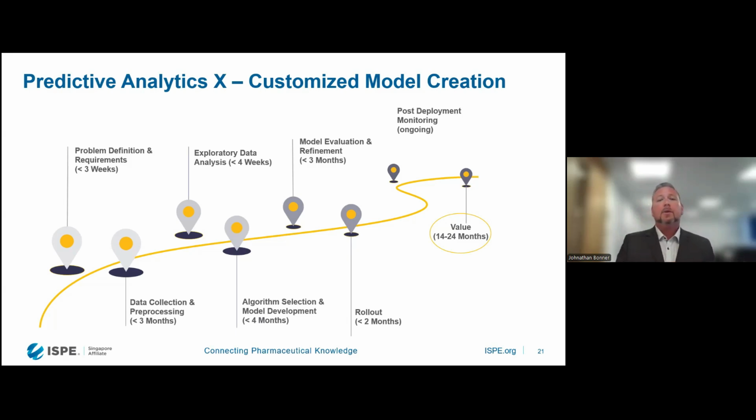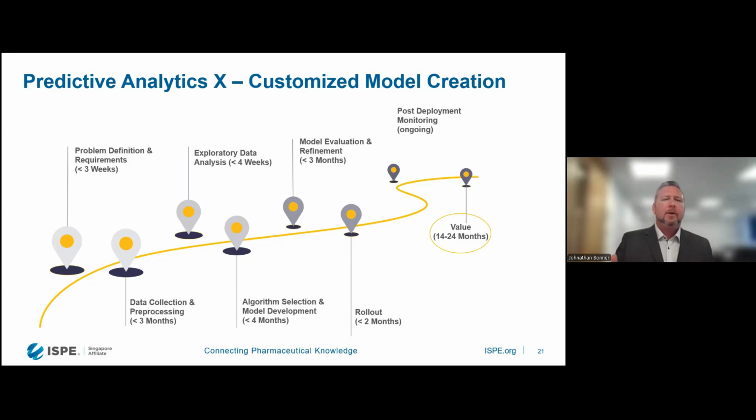There's exploratory data analysis, which takes a team of data scientists weeks to perform. Then algorithm selection and model development, making it fit for purpose to take into account all of this complexity and huge volumes of data. There's the evaluation in a real world environment, making sure that these are fit for purpose. The rollout, again, could take a number of months, along with post-deployment monitoring, which is ongoing.